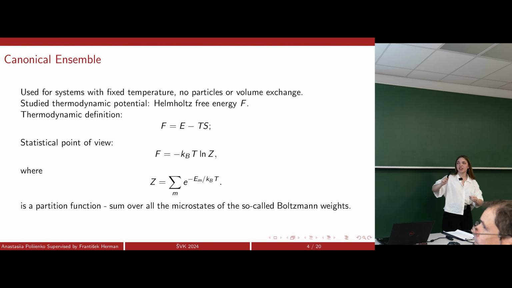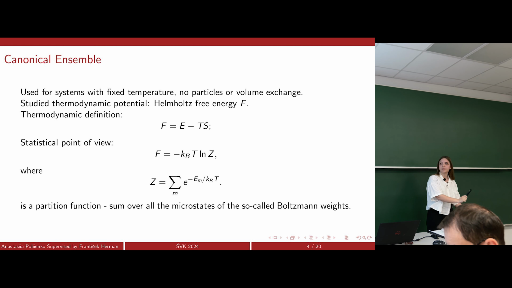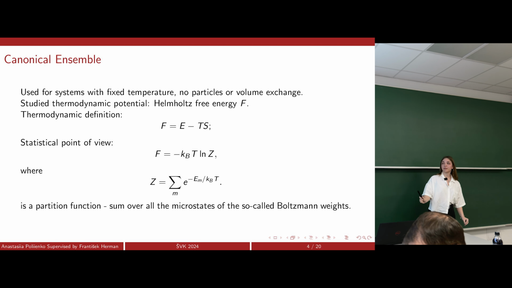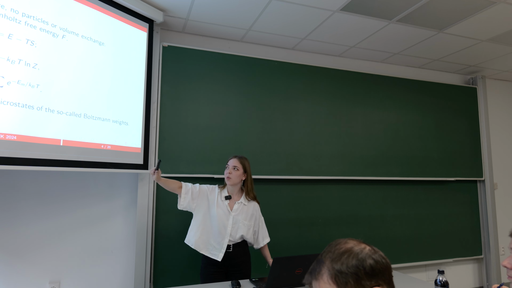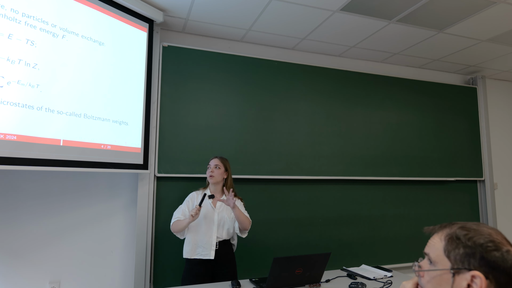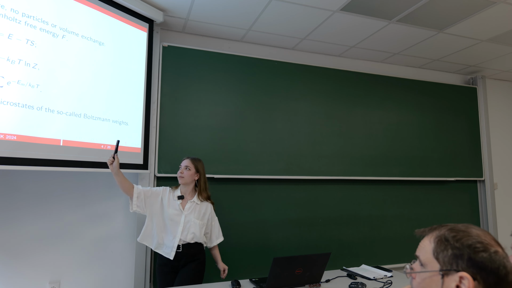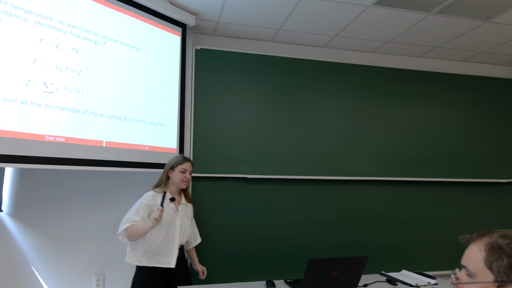It consists of energy and a TS term, where T is temperature and S is entropy. That is its thermodynamic definition, and we will also be using the statistical definition, where to find the Helmholtz free energy, we will need to find the partition function, where the partition function is the sum over all the microstates of such exponents.